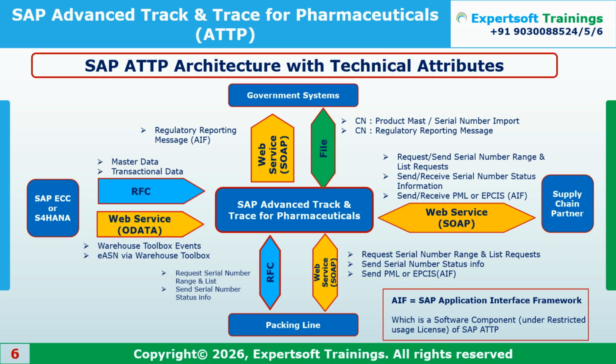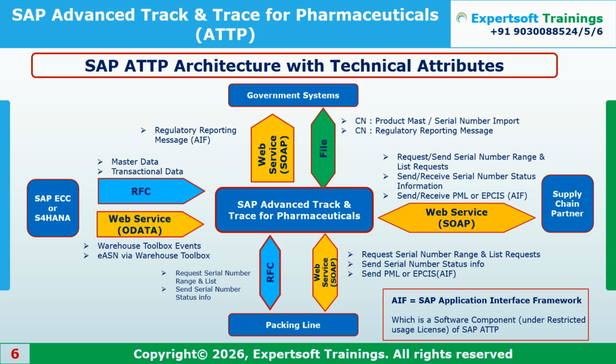No, the marketing authorization holder will not request the serial numbers. Here in this case, ATTP, let's say Novartis is here. Novartis is requesting Ranbaxy for the serial numbers. So the request comes from Novartis to Ranbaxy. Ranbaxy will generate the serial numbers and send them to Novartis. Okay. Once they receive the serial numbers, the packaging lines use those serial numbers and produce the product.